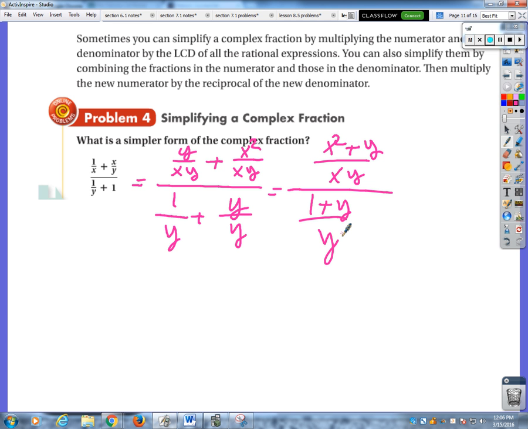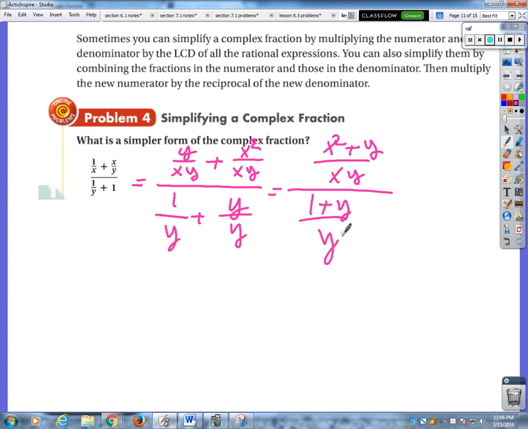So, two separate problems that you have to do just like the ones that we were doing before. Get a common denominator and then combine the like terms, okay? That gives me this fraction on top and then this fraction on the bottom. What do you do when you have two fractions that you're dividing? Right, you multiply by the reciprocal.